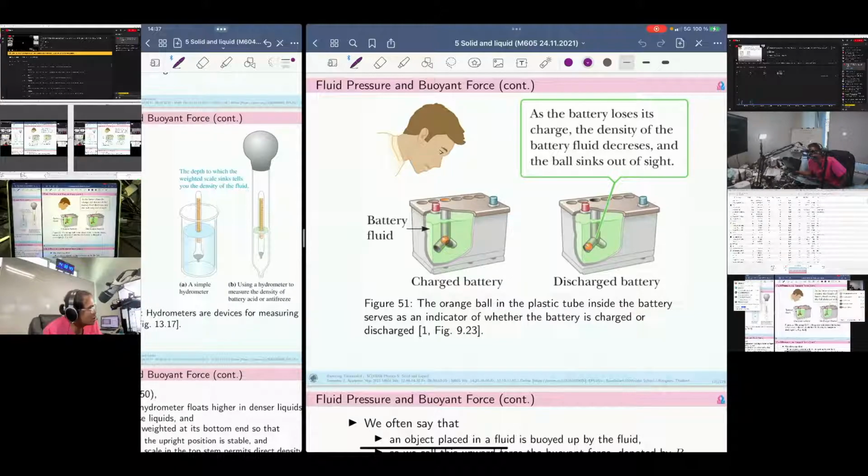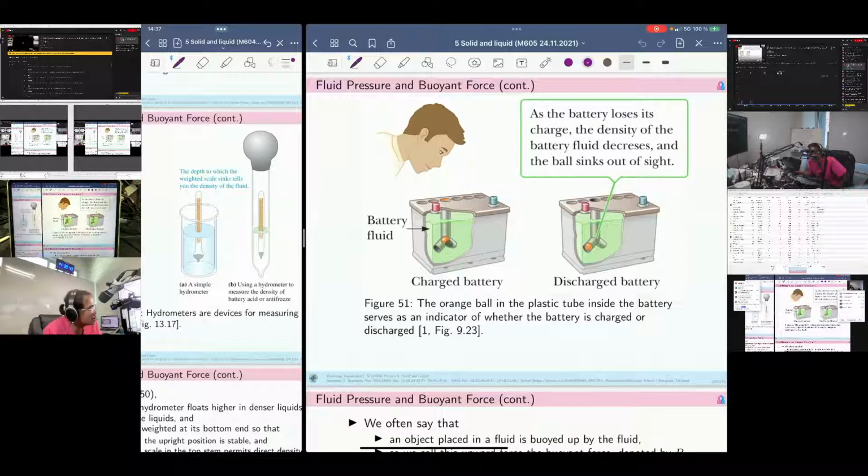A few years later, when the concentration of the acid per water is not in the appropriate amount anymore, the density of this mixture decreases.